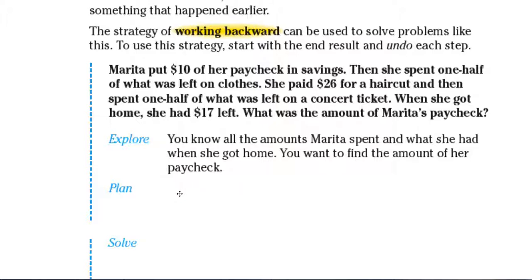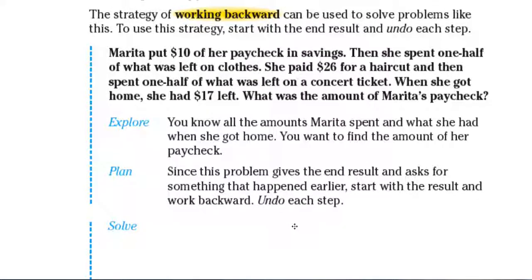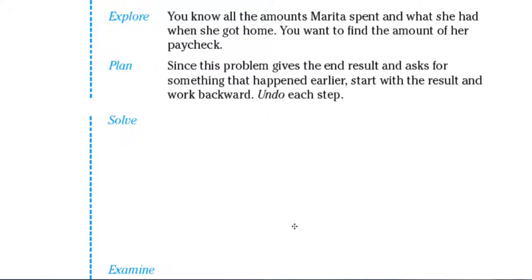Let's see how we can plan to solve this problem. Since the problem gives the end result and asks for something that happened earlier, just like the activity we just did, we need to start with the result, work backward, and undo each step. What does that mean? Let's take a look at the solution.